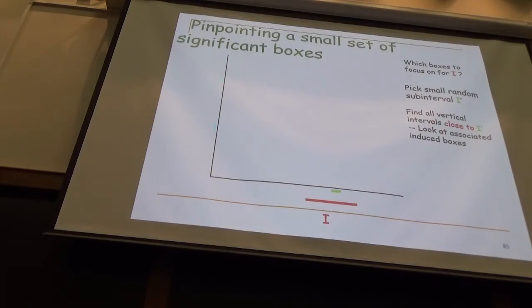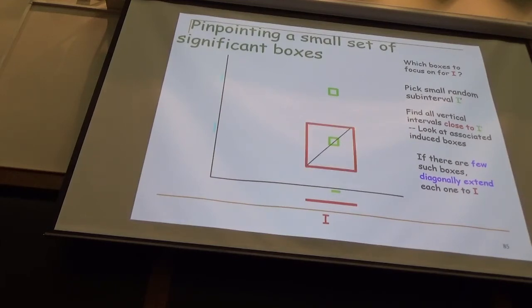That's those 2 blue ones. Look at the associated boxes. And if there aren't very many such boxes, then what we'll do is take each of those boxes and diagonally extend them to a box on I. Do that same thing here. And then we will call those significant boxes, ones that we ought to check.